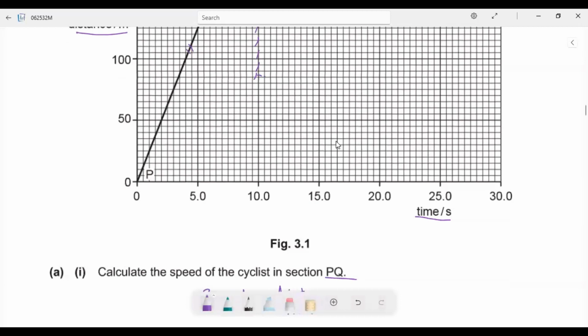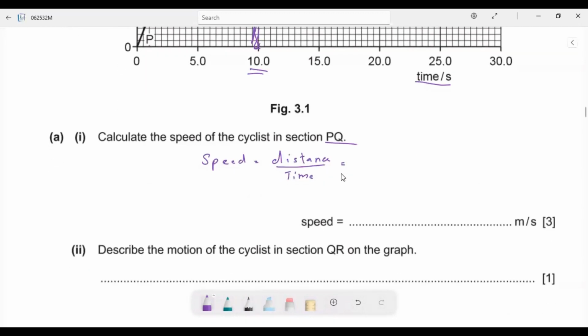So this is actually 10. If we extend that line to the x-axis, it will be 10. So the time is 10. So distance is 250 and time is 10. So the speed will be distance by time, that is 25 meter per second.